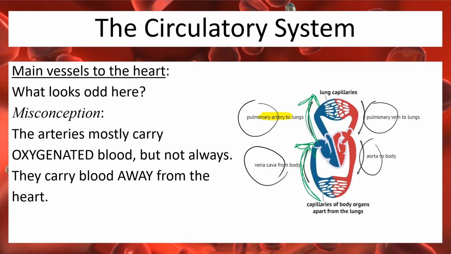If you're not a biologist like me, then these are the names I find most confusing because they don't seem to describe in the same way what these things do. So whereas pulmonary means lung, artery means from the heart, and vein means to the heart, I know exactly what those things do. So the vena cava and the aorta are ones that you need to learn. The vena cava then is going to the heart, which means it's a vein, and the aorta is coming from the heart, which means it is an artery.